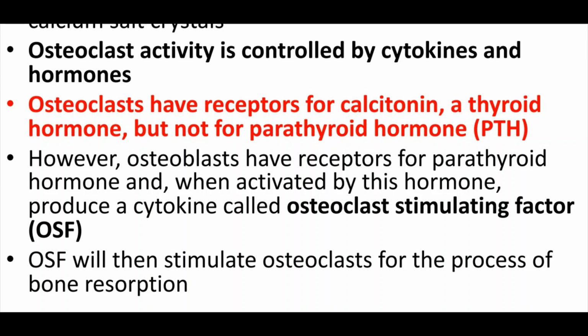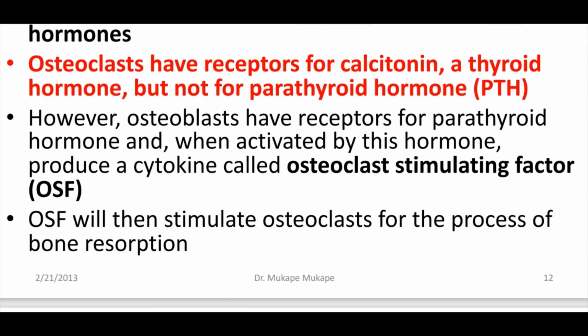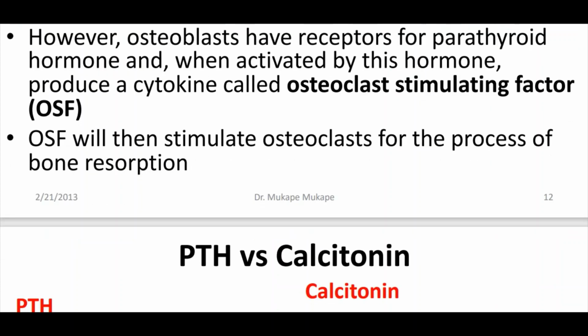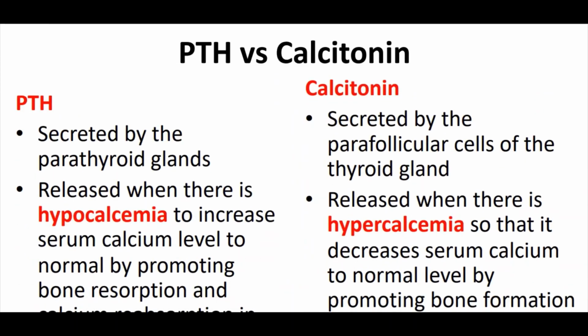Parathyroid hormone stimulates the osteoblasts, and the osteoblasts produce the osteoclast stimulating factor, which stimulates the osteoclasts for the process of bone resorption. So when you are asked which hormone promotes bone resorption, it is the parathyroid hormone, which is produced by the parathyroid glands.